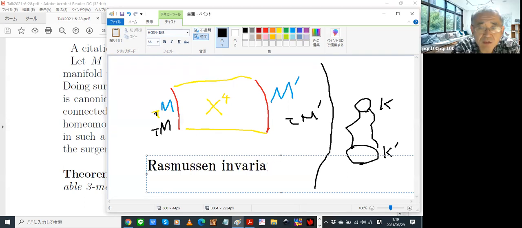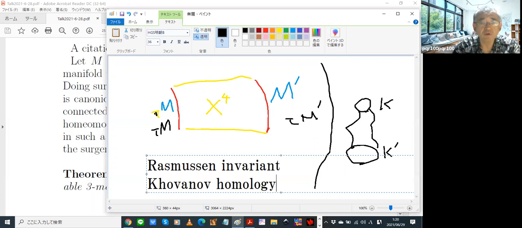I talk about the Rasmussen invariant. It is made from Khovanov homology, not Floer homology. The Rasmussen invariant is related to the Jones polynomial, so it is one candidate.